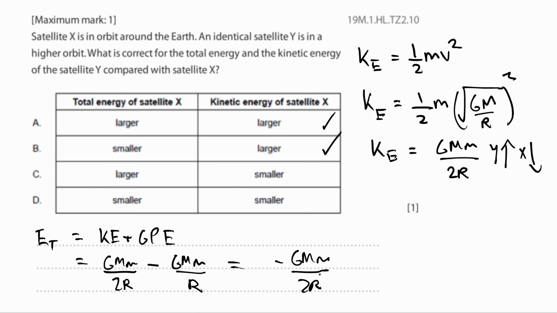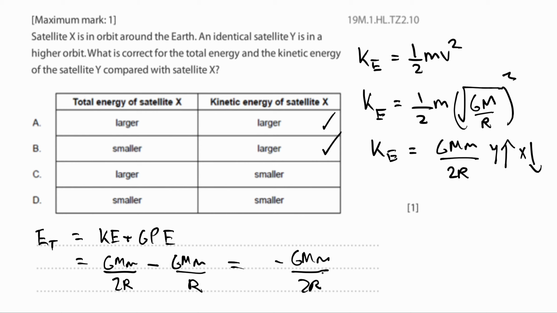So now let's think of the total energy. How does it change with the radius? Well, keep in mind there's a negative sign. So when the radius increases, the overall total energy also increases, and the reason for this is because of this negative sign.